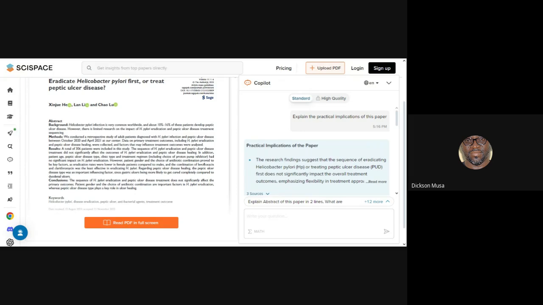So you create the map, you screenshot the map, that's the first thing. Then the next thing, you download those documents in PDF form. Then you will use SciSpace to analyze them.